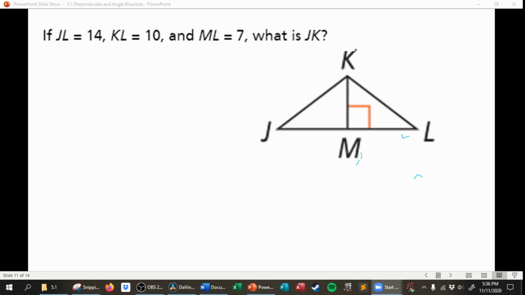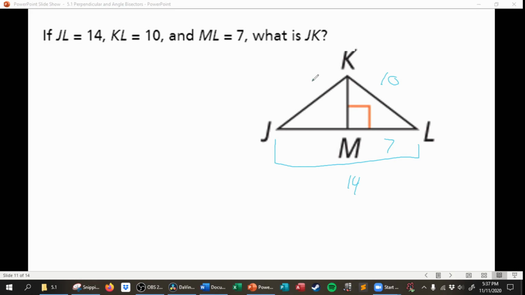All right. This one I'm going to go over quickly since we did do these a couple times. If JL is 14, so we can start filling that out. I'll do that for you. JL, the whole thing from J to L, is 14, and ML is 7. What is JK? Oh, sorry, and KL is 10.